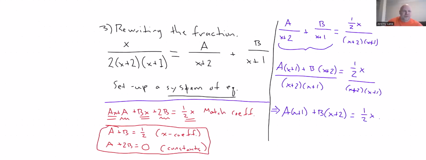We'll start a new page. We had a plus b equal to 1/2. We had a plus 2b equals 0. Now, however you choose to solve this system of equations, that's up to you. In this case, I'm going to go ahead and do the elimination method.